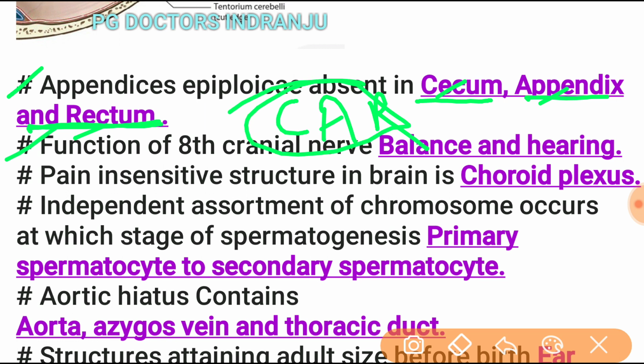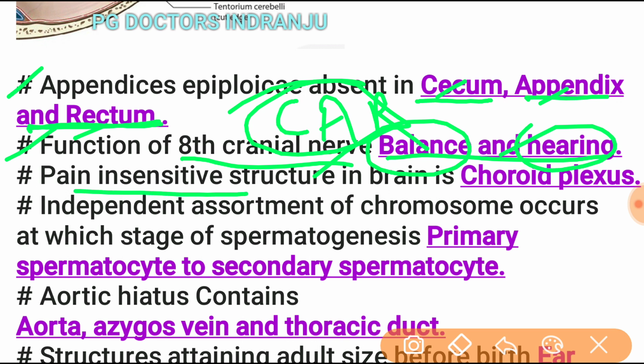The function of the eighth cranial nerve is balancing and hearing. It is also known as the vestibulocochlear nerve, and the vestibule is for balancing and the cochlea for hearing.